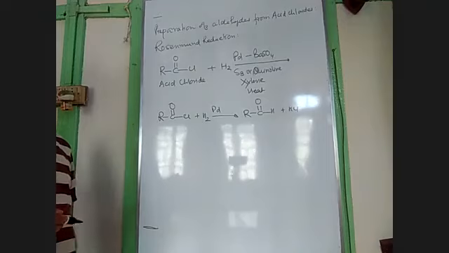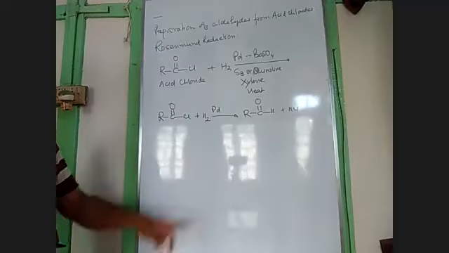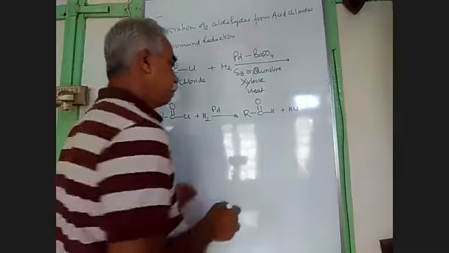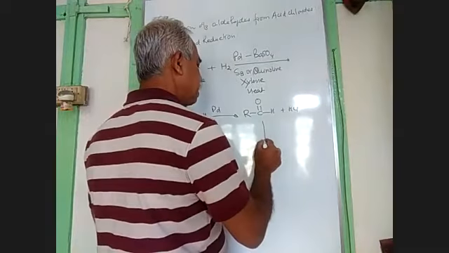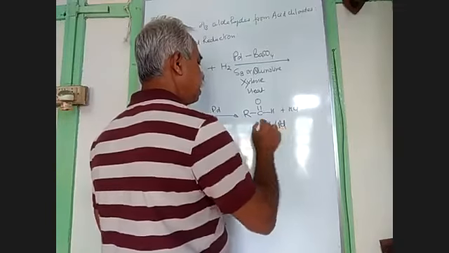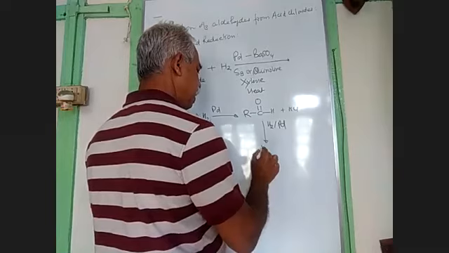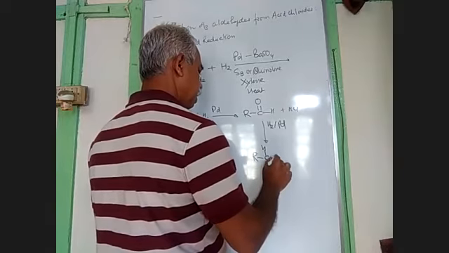Palladium breaks hydrogen molecule to hydrogen atom, and one hydrogen atom replaces chlorine atom, and chlorine atom goes to the other hydrogen, we form this one. Palladium is a very efficient catalyst. What happens now? Then another reduction takes place, and you get here alcohol.